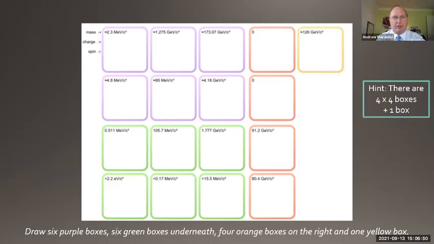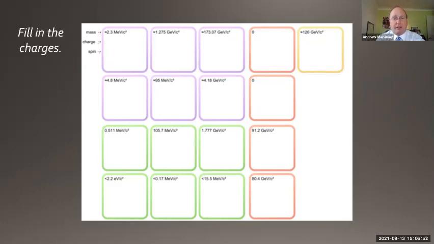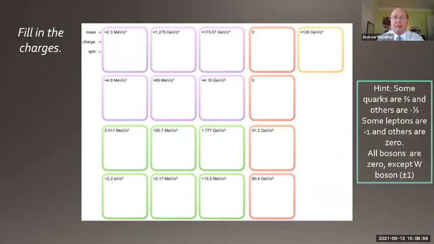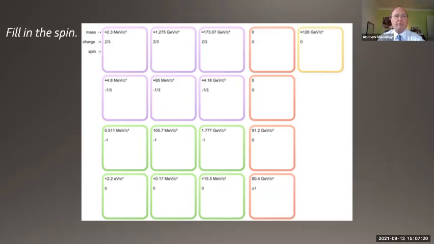The next step is to fill in the charges. Each of these has a charge, but not quite as we know them. Some quarks are 2/3 and others are -1/3. Some leptons are -1 and others are 0. All bosons are 0 except the W boson, which has, strangely enough, a plus or -1 charge. So we fill those in.